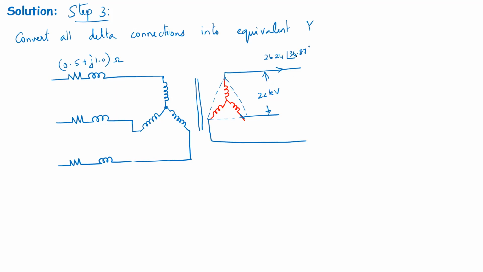In fact, you can approximate it to 37 degrees if you want. Shouldn't matter. Okay. And then we have the load, which is also Y connected. And this is an assumption that we made in the initial part of the problem.